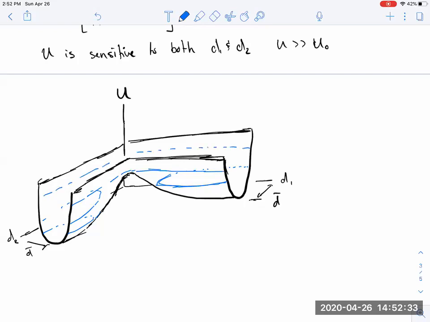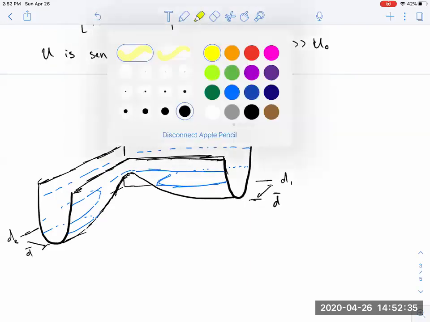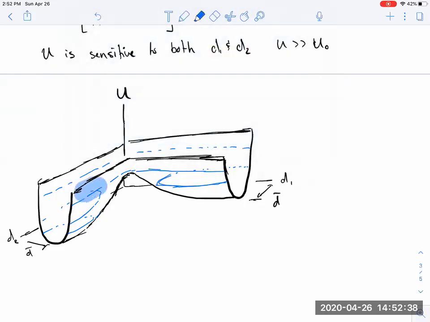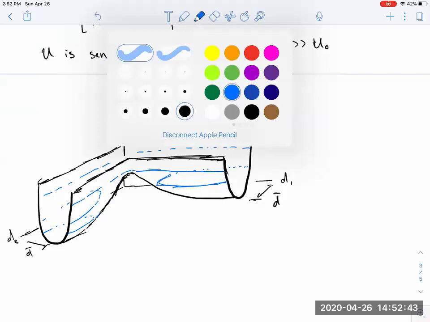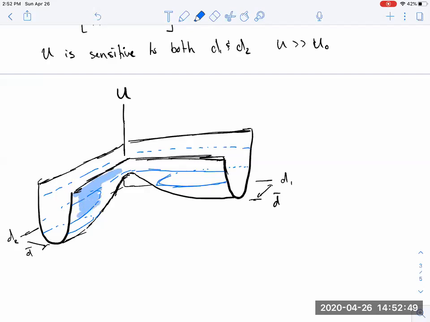Let's even get some fancy shading in here. Oh, that's going to be too big. All right, so this is probably a pretty reasonable cartoon of what that surface might look like. And again, it's the same going out to the products or into the reactants.